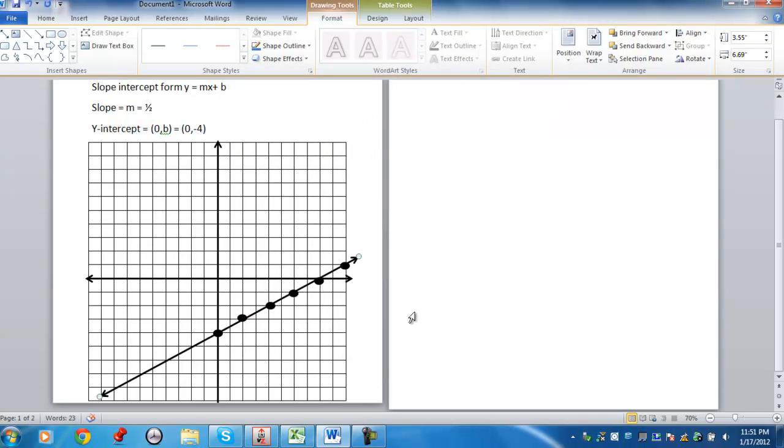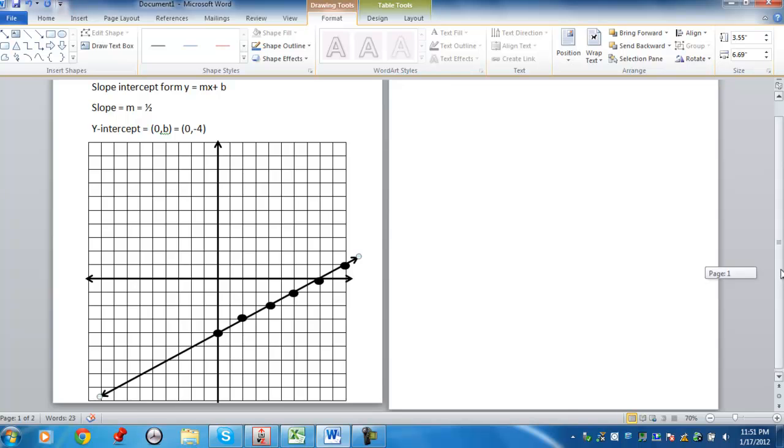Again, you can use different colors and whatnot. But this would be an example of where you're graphing an equation using slope-intercept form. And again, you can use more points if you want, but this will give you kind of an indicator of what the graph is going to look like.